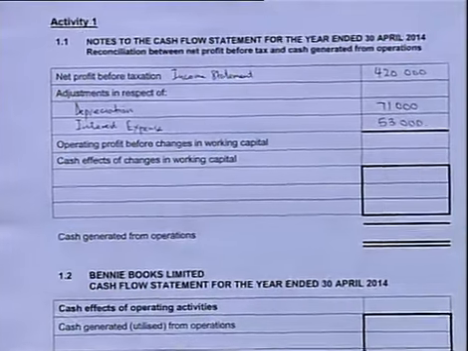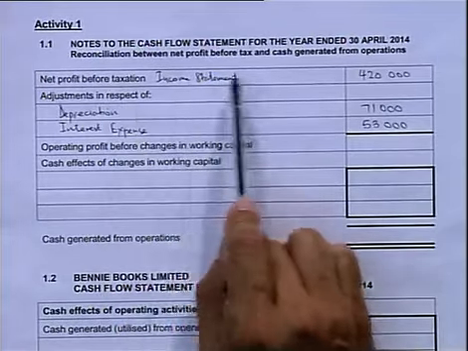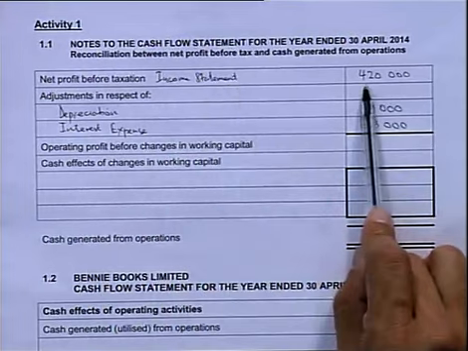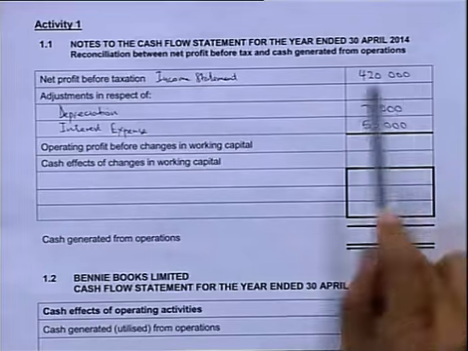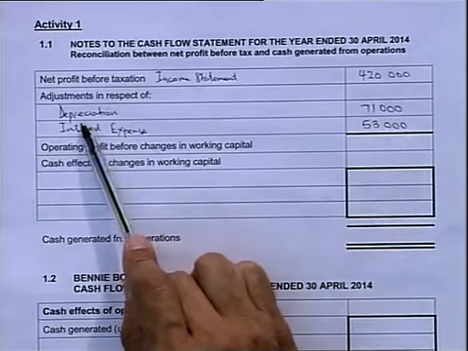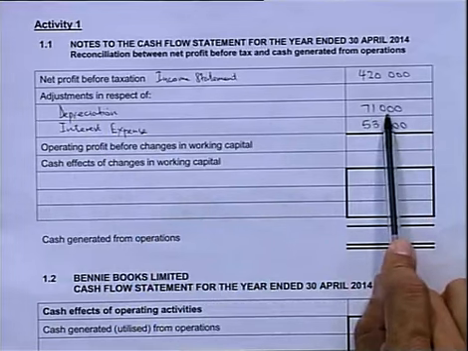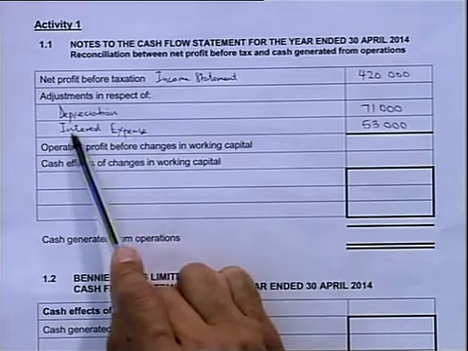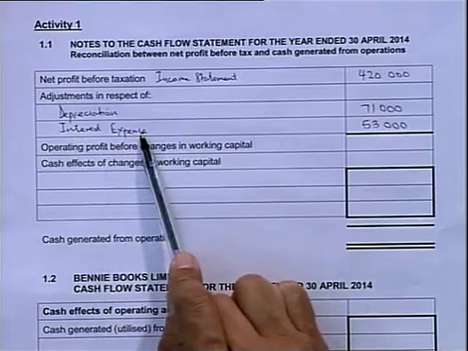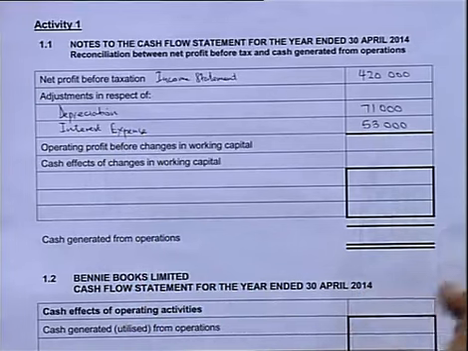Right. So just to recap quickly, net profit before tax, we get it from the income statement, 420,000 as it is just there. Then the next item is going to be the depreciation, 71,000. They call it interest on loan, but when it comes from the income statement, we're supposed to call it interest expense. So we have the 53,000 as the interest expense.